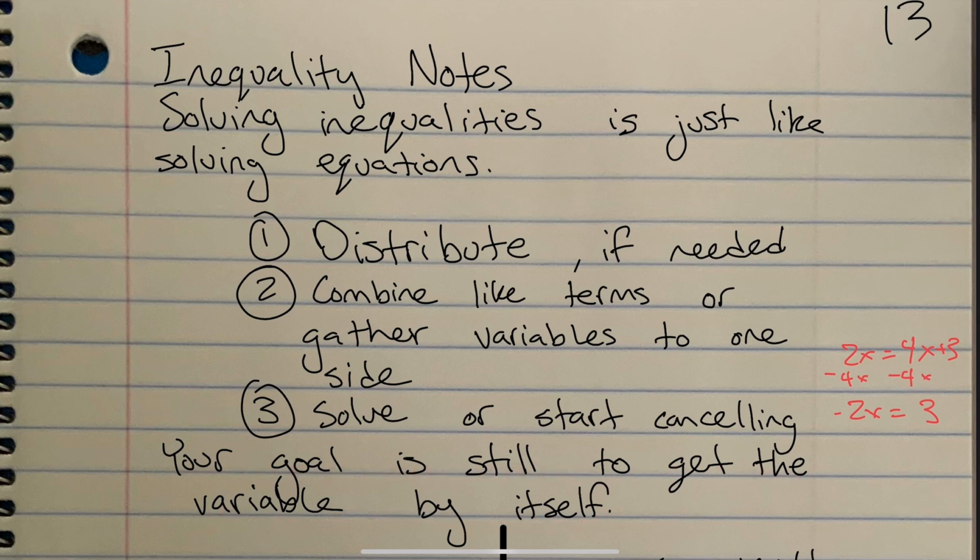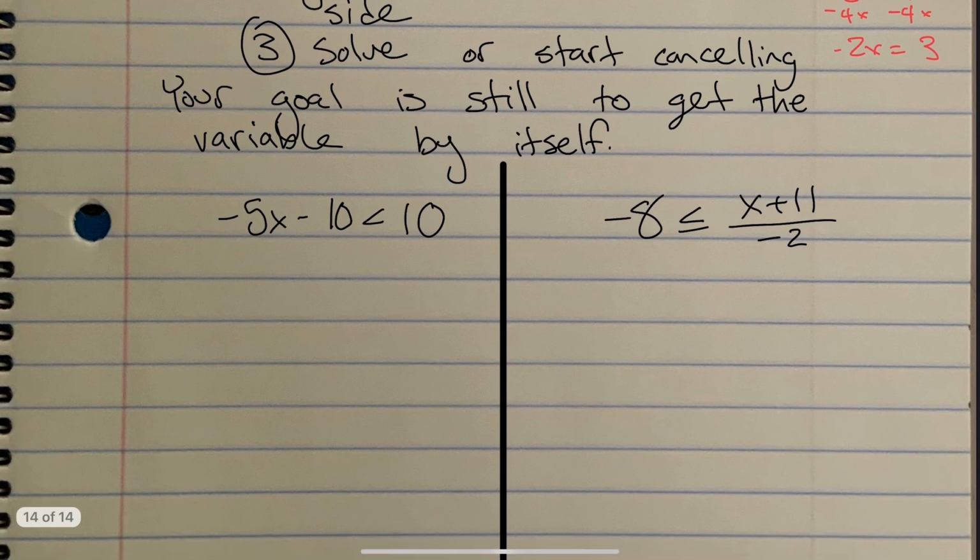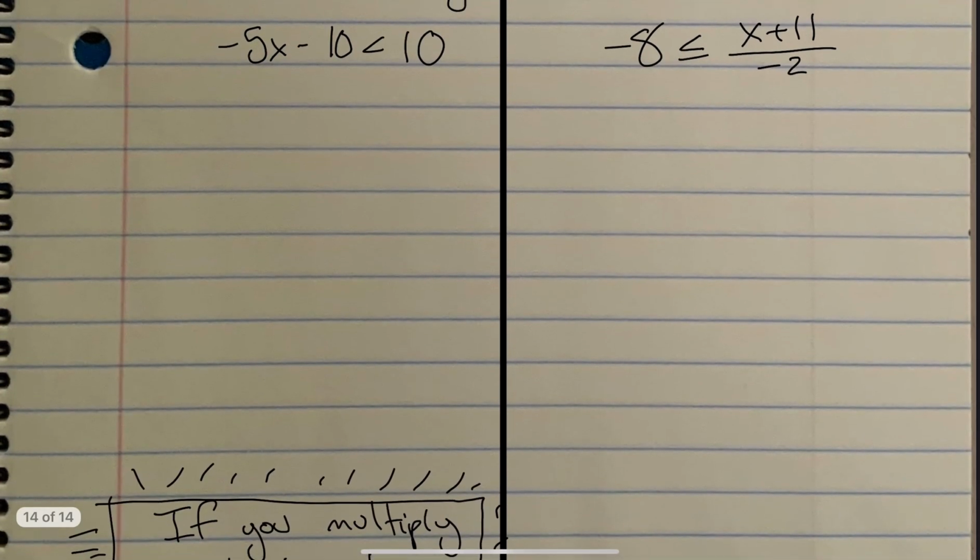That is still our main goal, what we want to do every time we solve. We want to get a variable on its own. So, like I said, same process. There is a small difference, and you'll see that in both of the examples that we will do today.